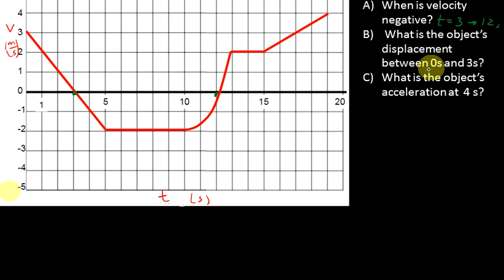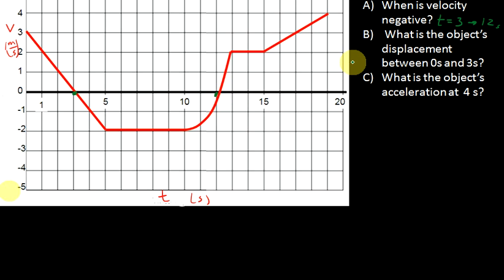We're not going to worry in this class about bound or unbound inclusive data points. Get the general idea. It starts going negative right after 3 seconds and it stays negative until just after 12 seconds. That's all I care about.